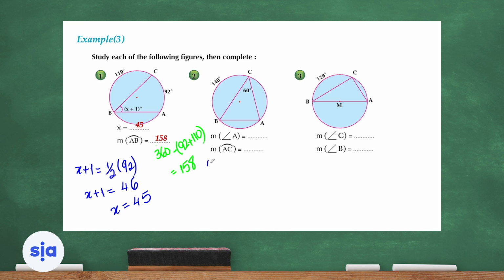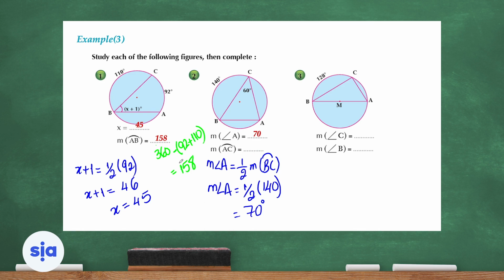Then the measure of angle A equals half the measure of arc BC. So the measure of angle A equals half the 140, then the measure of angle A equals 70 degrees.